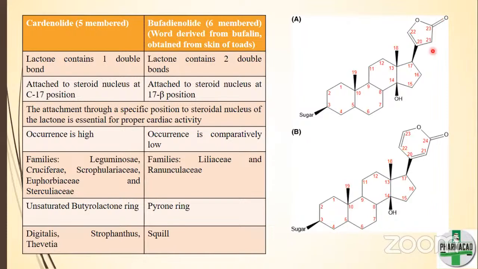When I say five-membered lactone ring, that means the lactone will contain one double bond. If I say six-membered, that means the lactone will contain two double bonds. In cardenolide, the five-membered lactone ring is attached to the steroid nucleus at the C17 position, at the 17 beta position.